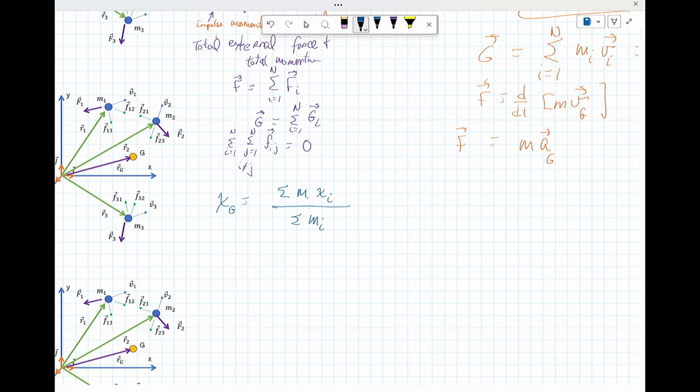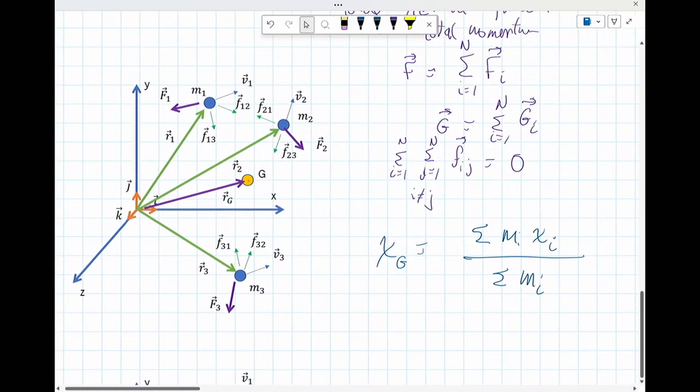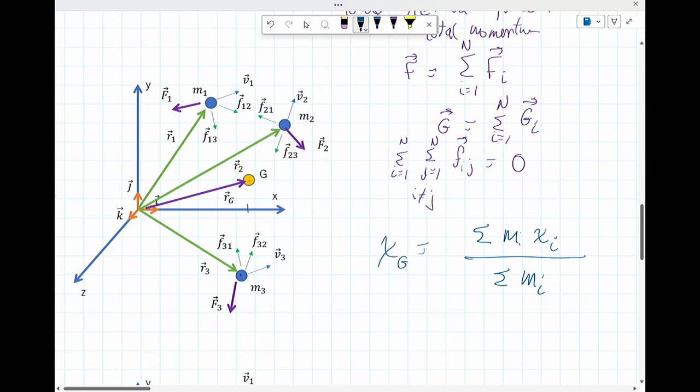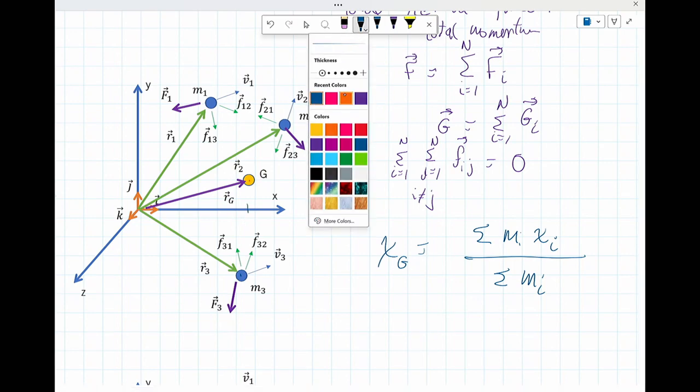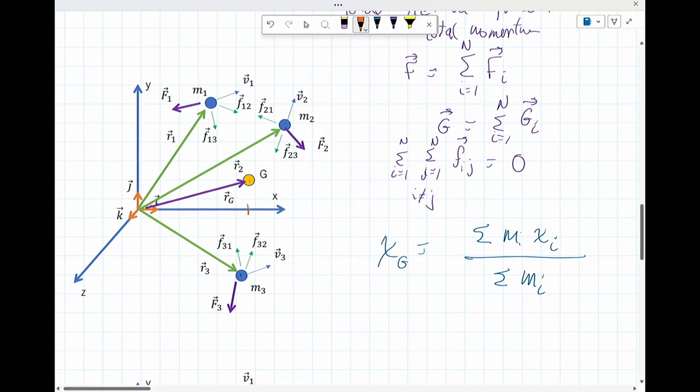Here, with respect to x, maybe a different color, x, x, and x. You add them up, multiply by their individual masses, and then divide by the total mass of the system. So if you have a bowling ball and a couple feathers, everything will be biased towards the bowling ball.